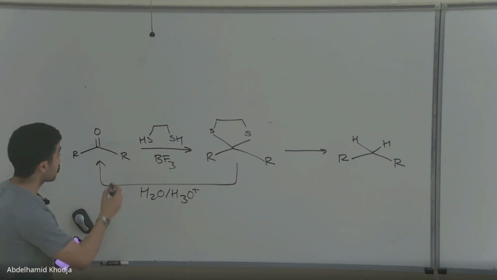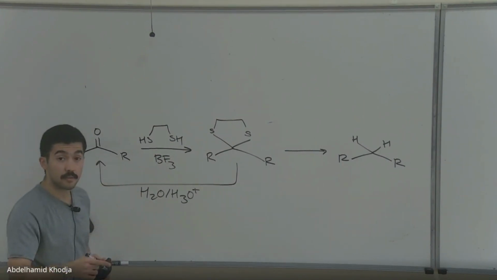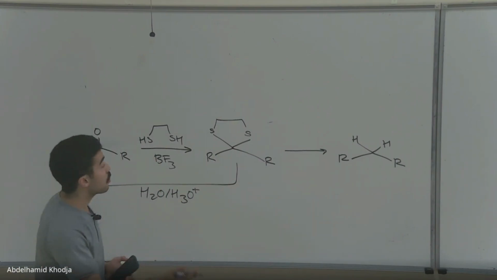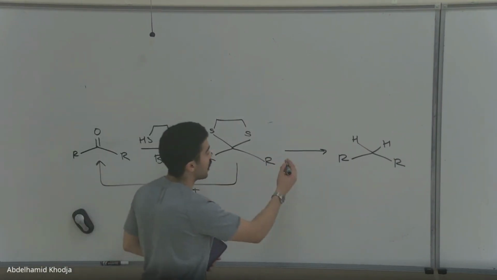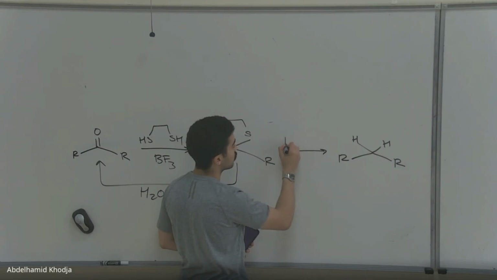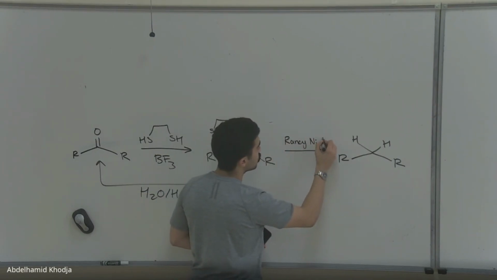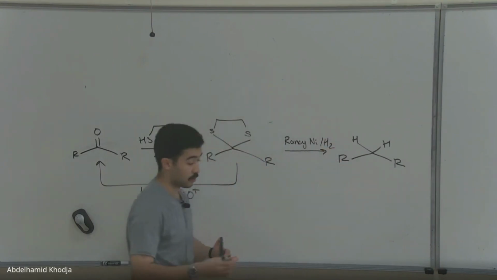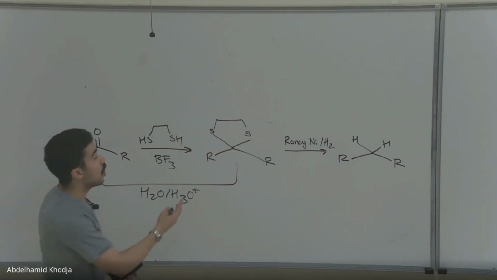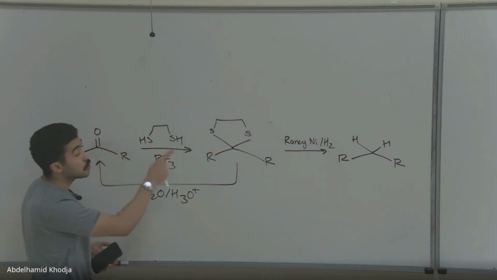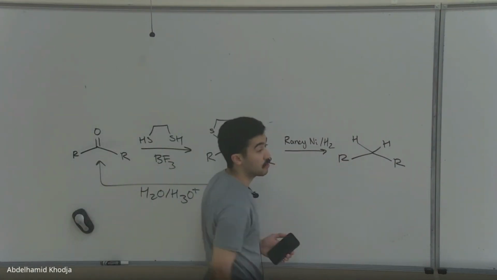One of them was using zinc, mercury, and then you reflux, right? Another one is this, where you just take this extra step and you add Raney nickel and H2, hydrogen. It's just a way of reducing this ketone to your alkane in this case.